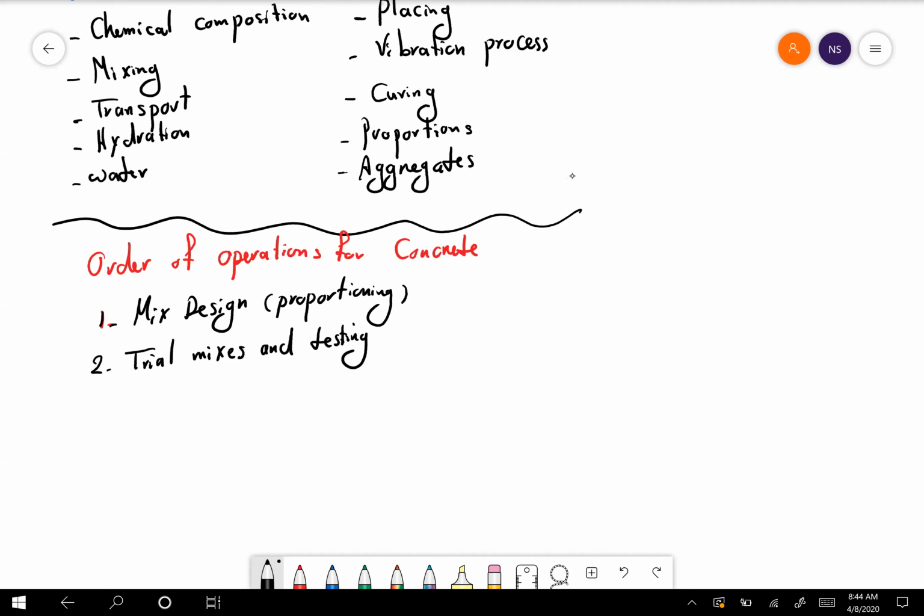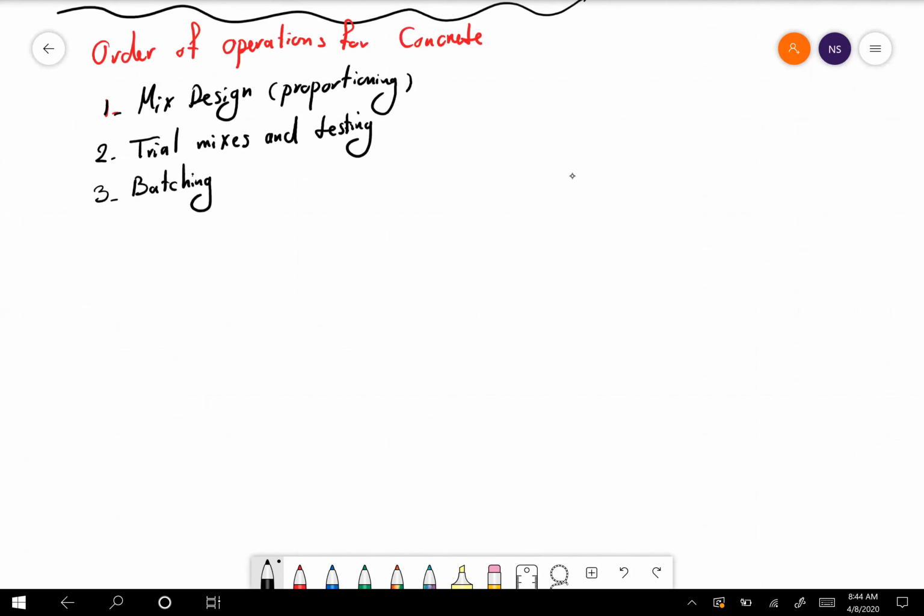And then you need to batch. Batching is basically getting aggregates from stockpiles and mixing them together with the different ingredients. And from here, you start the clock.